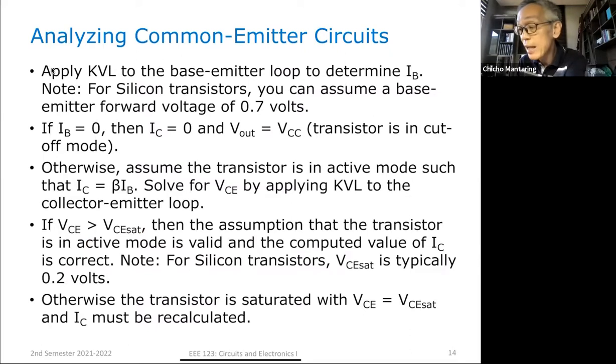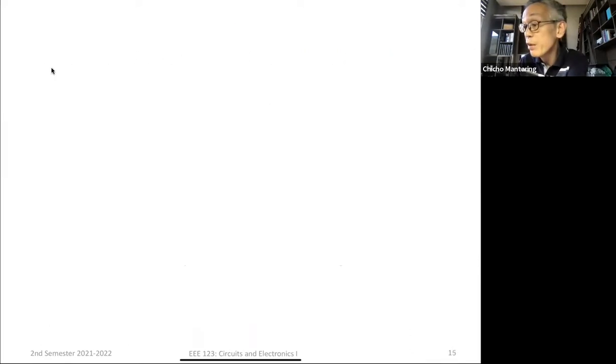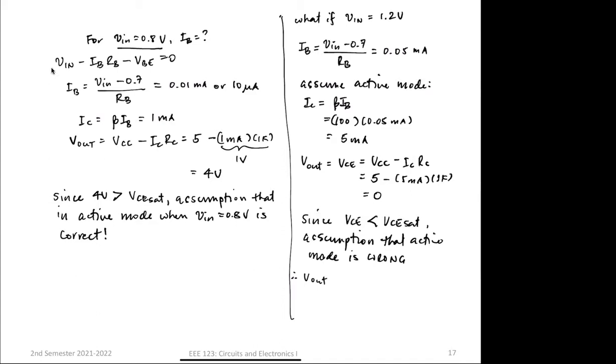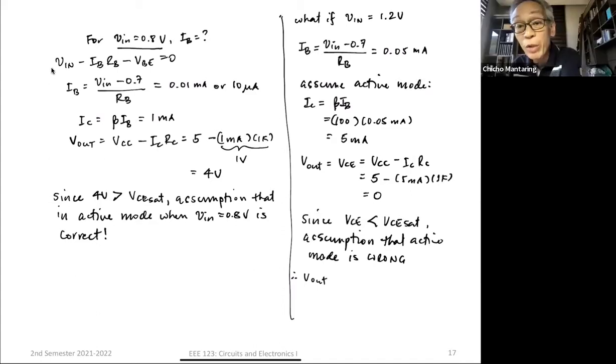In that case, what should VCE be? Or what should V out be? Anyone? Ryan, what should V out be? What will V out be, or VCE? So we computed it to be equal to 0.